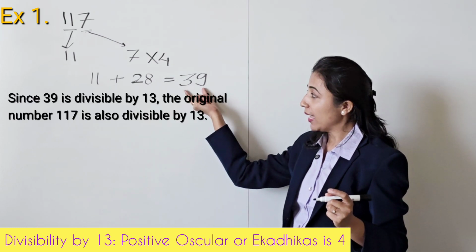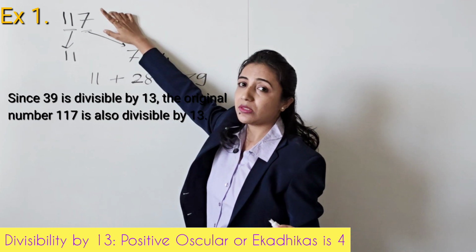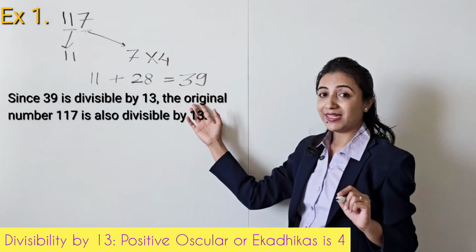And when this answer is divisible by 13, then we can say our original number, 117, is also divisible by 13. Isn't it simple?